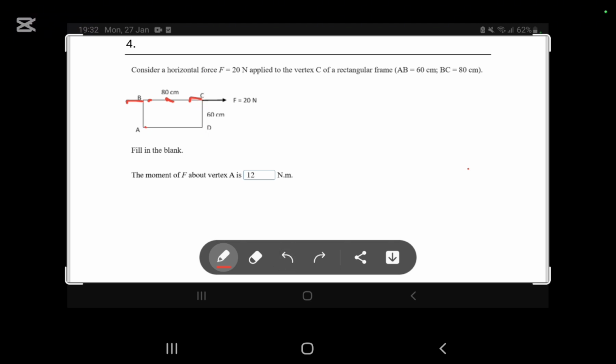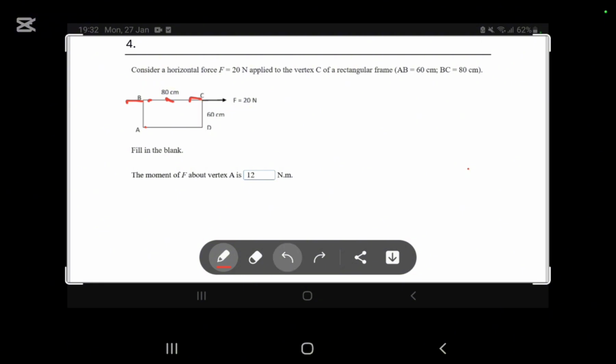Actually, no, it's going to be CD. As we said in the previous question, to find the moment we need to do the force times the perpendicular distance.